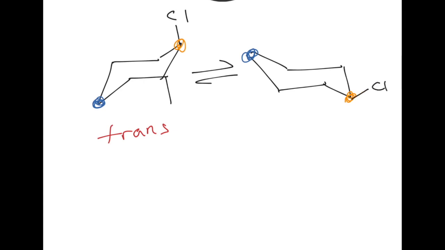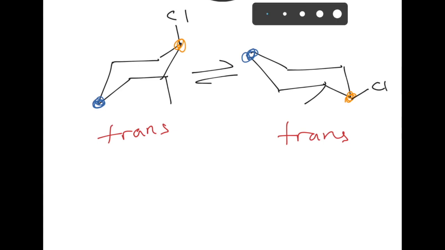So I end up with this, and this is still trans, right? The chlorine kind of points up a little bit. That's easier to see. But this methyl group, it's kind of hard to see that it's down. But if you think about the hydrogen that is also on that carbon, that hydrogen points straight up. If that group's up, the methyl group has to be down.